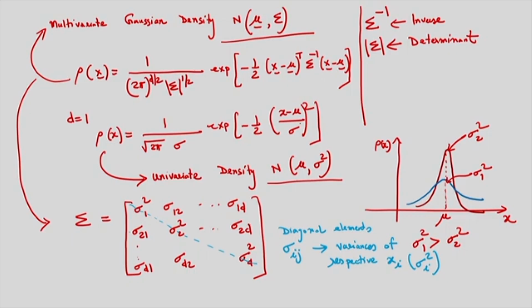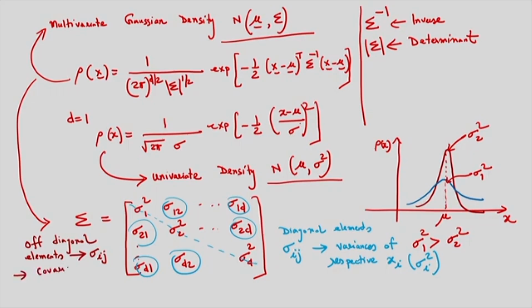If I consider all the other elements, these are the off diagonal elements. These off diagonal elements sigma ij are nothing but the covariances of xi and xj.